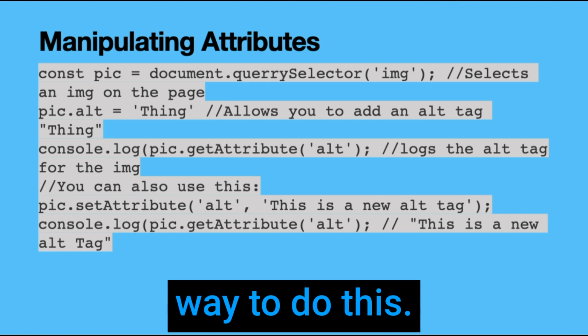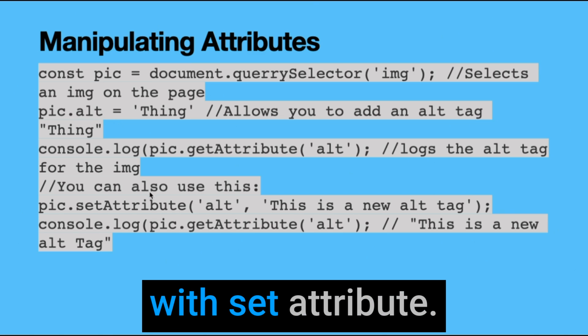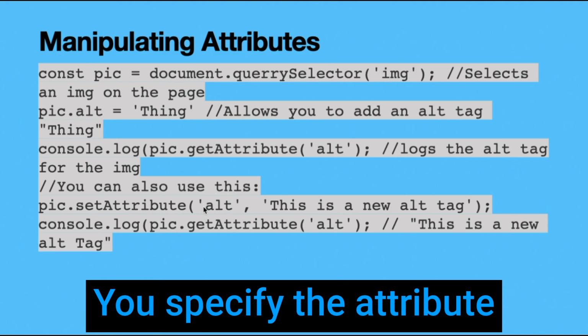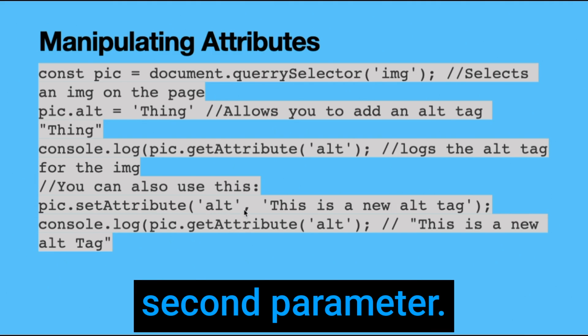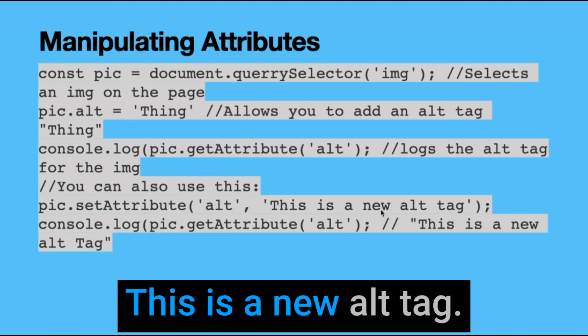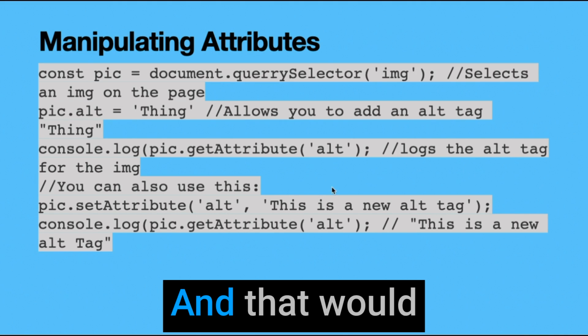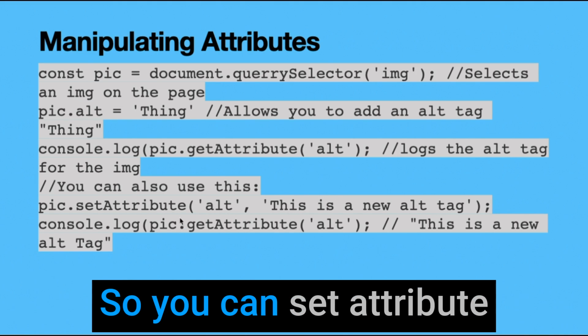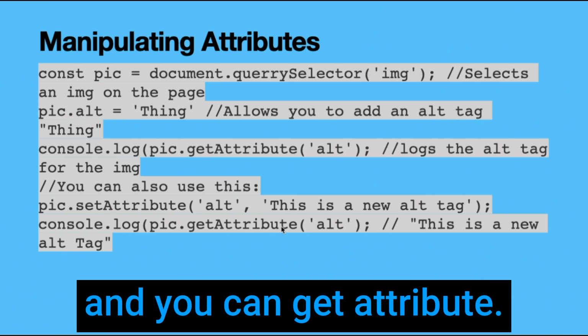There's another way to do this, and it's at the bottom with setAttribute. So with setAttribute, you specify the attribute, and then you pass the second parameter. This is a new alt tag. And that would set the alt tag to be this is a new alt tag. So you can set attribute and you can get attribute.